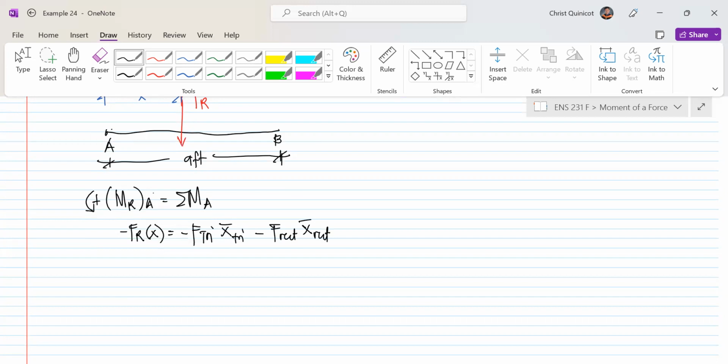So we substitute all of the values. But before that, what we can do also is we can simplify this without substituting the values yet. That is, we divide both sides by negative F sub R because we have calculated our F sub R already.